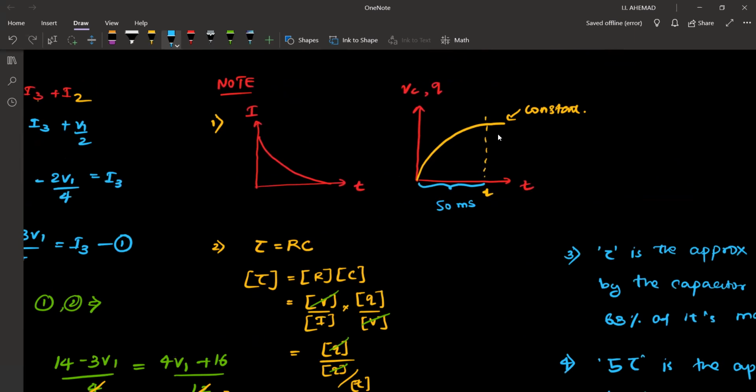You don't get questions regarding this tau, but if you have an idea about tau, then it is good. It's an extra point. Is the idea clear?